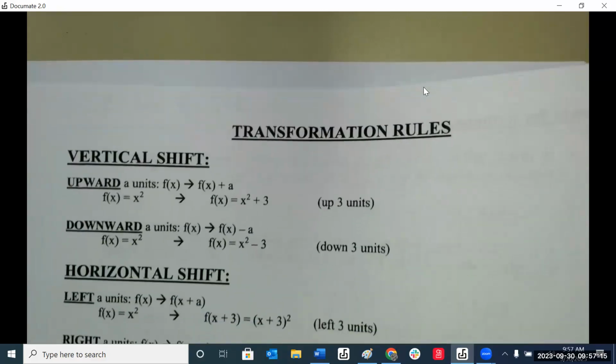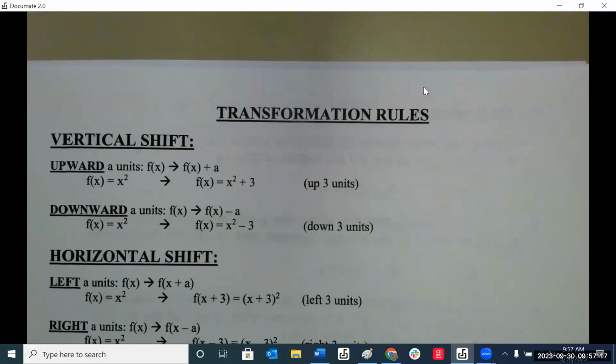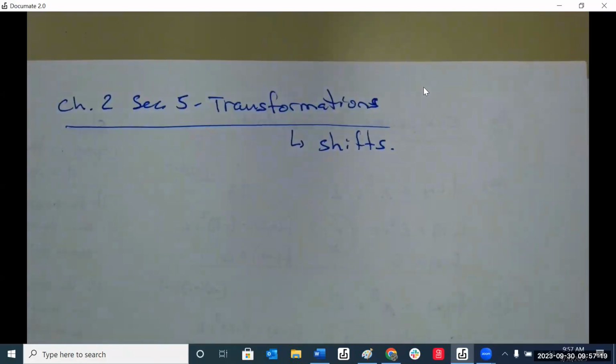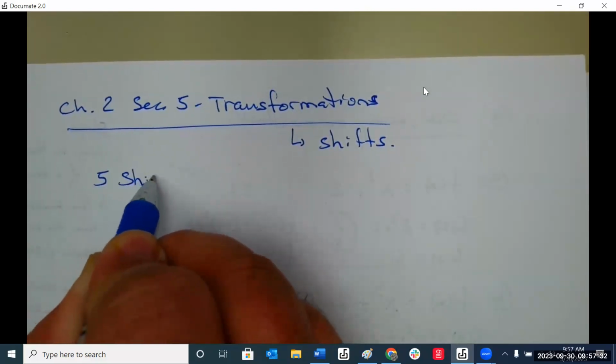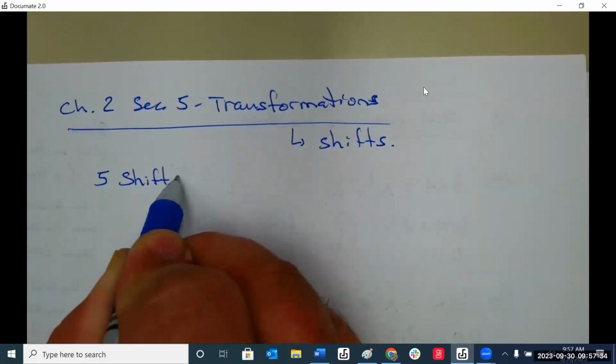And that's the sheet I gave you on the back of the first sheet, transformation rules. There are actually 5 rules, 5 shifts possible.